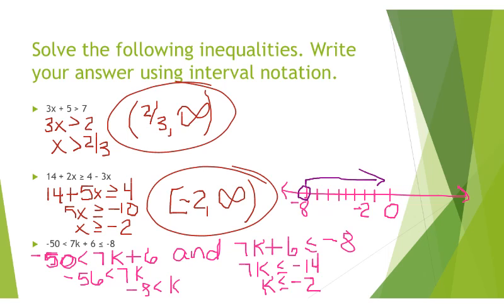There will be a closed circle on -2, and I'll be shading things that are less than it, and I'm looking for where the two overlap. Well, the two overlap from -8 to -2. Not including -8 because it has an open circle, but including -2.